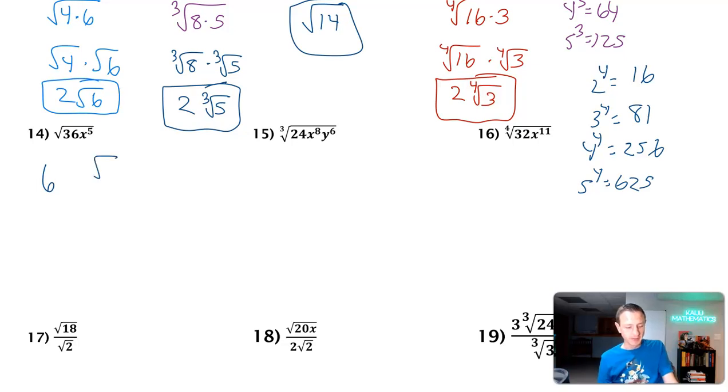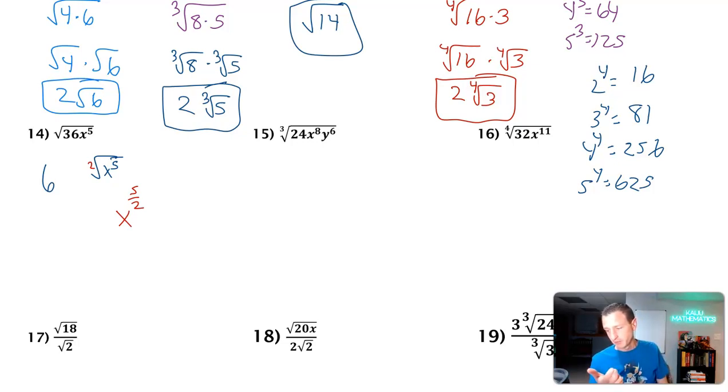Now, simplifying the square root of x to the fifth. I don't know what the easiest way to think about this is. Everyone has their own preference on how they simplify these variables with the exponents, but here's how I like to think about it. If this is a square root, this is technically written as x to the 5 over 2, just knowing your rational exponent rules. That index is the denominator.